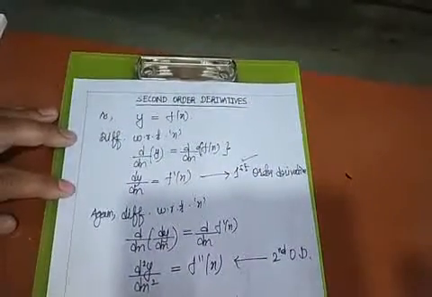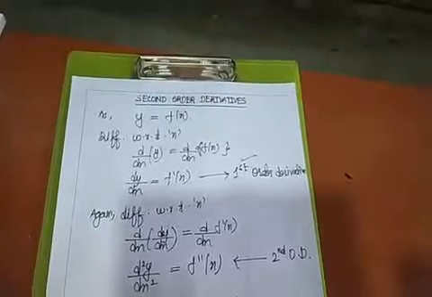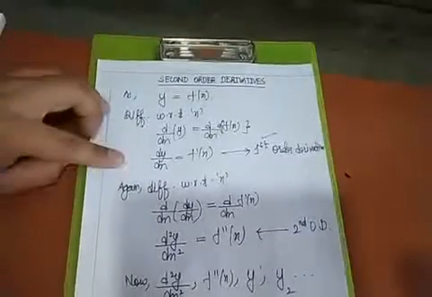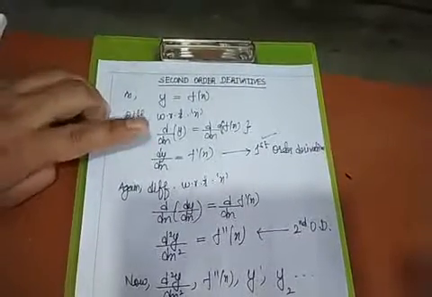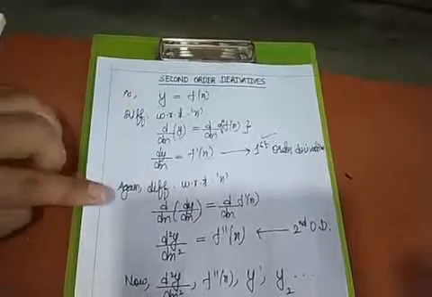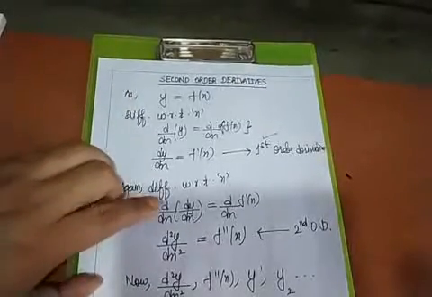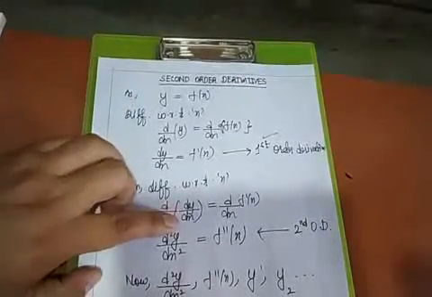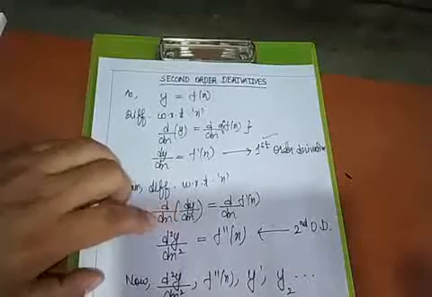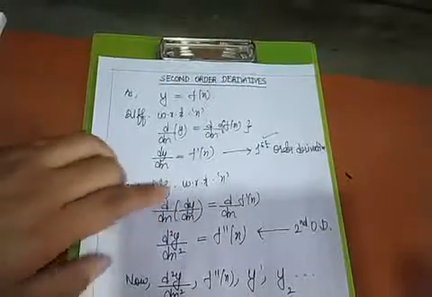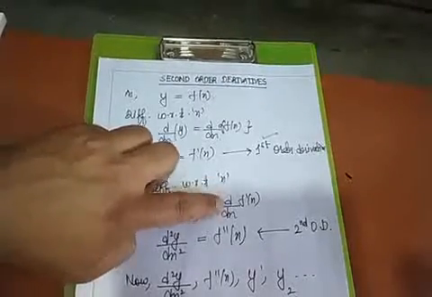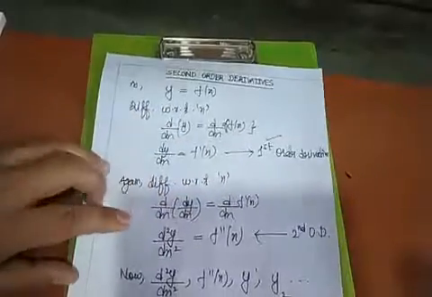First order derivative means we have to differentiate just once. But if I differentiate this dy by dx again with respect to x, I get d/dx of dy by dx, and the same happens on the right hand side, d/dx of f dash of x. What will I get here?